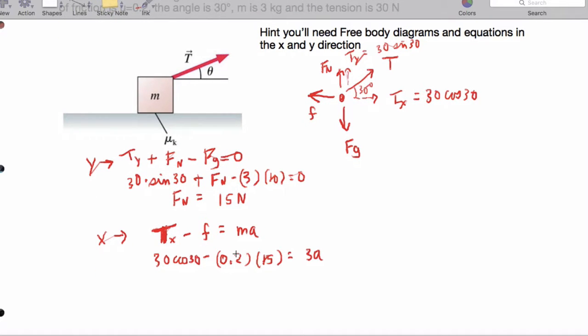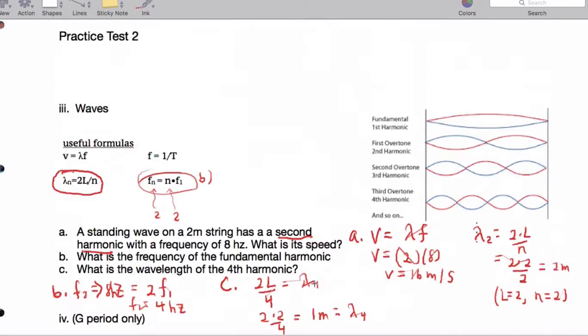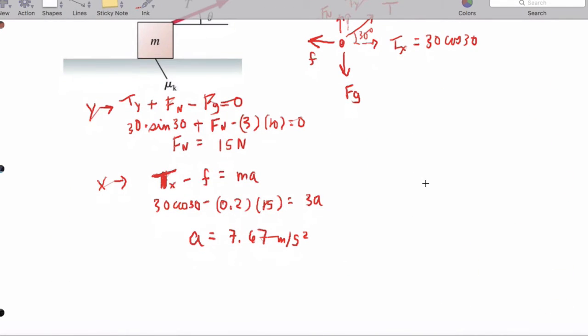So let's just work that out. When I actually work this out for a, I'm getting a is 7.67 meters per second squared. You can check my numbers on that. So that is question number 7.